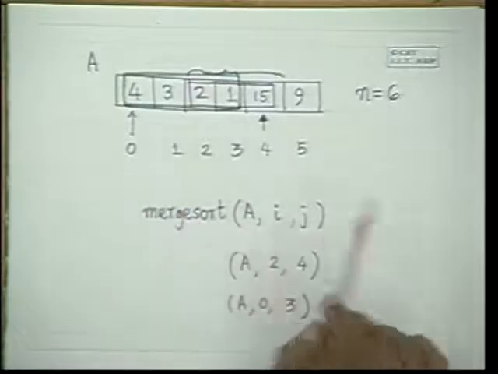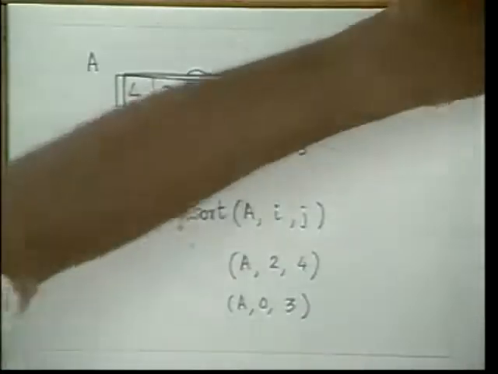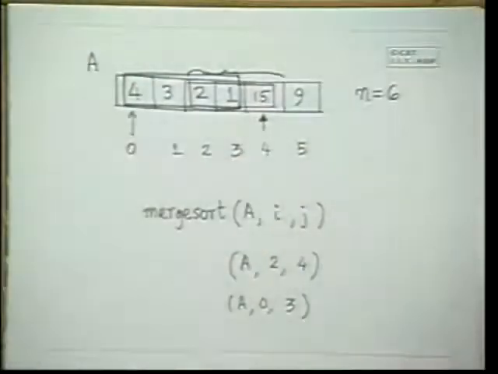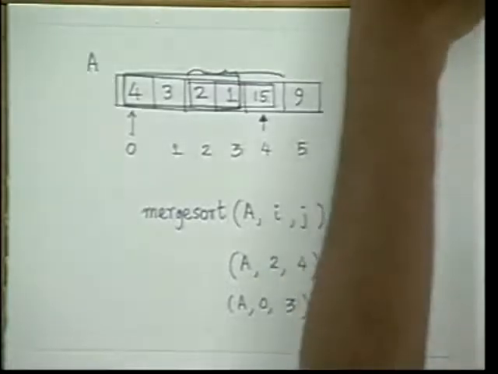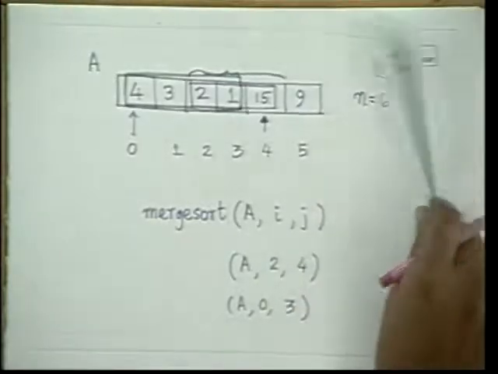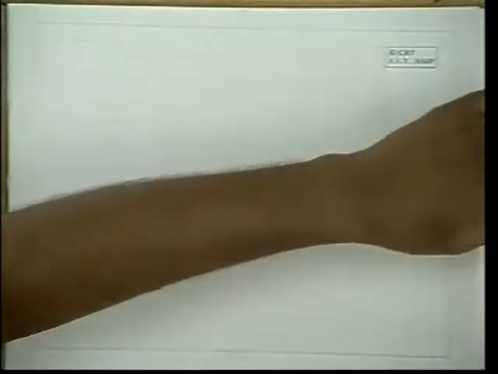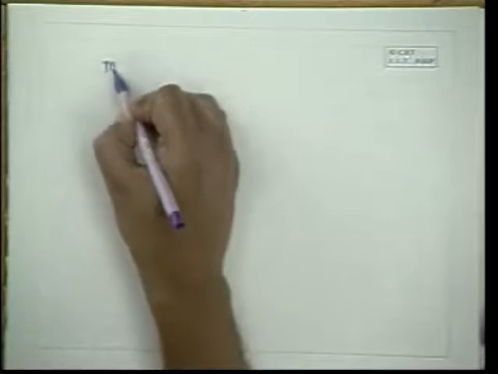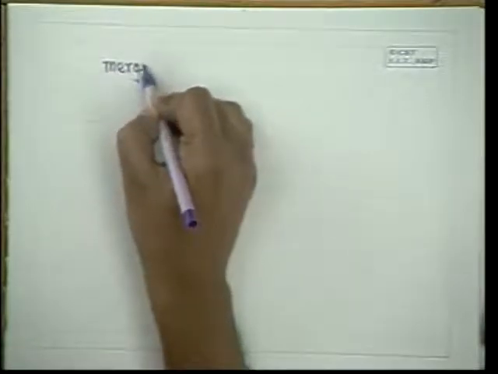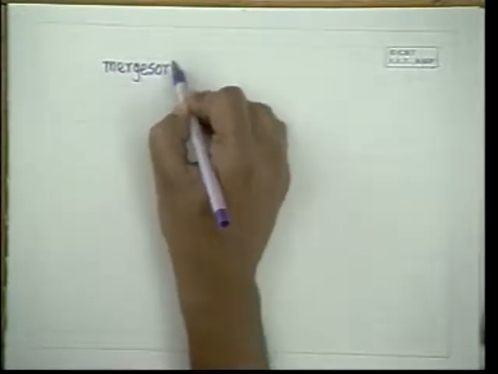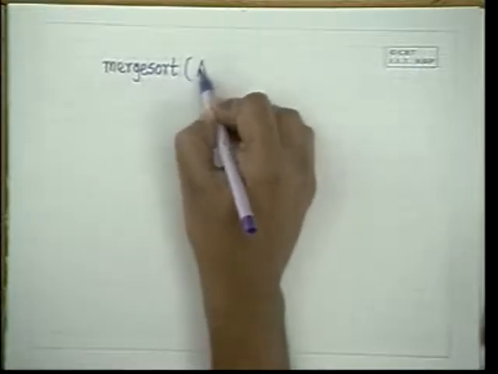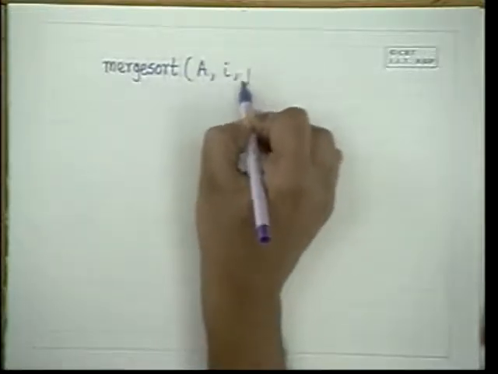So based on these two ideas, we can now rewrite our original merge sort routine this way. The new merge sort routine will be like this: merge sort A, i, j.